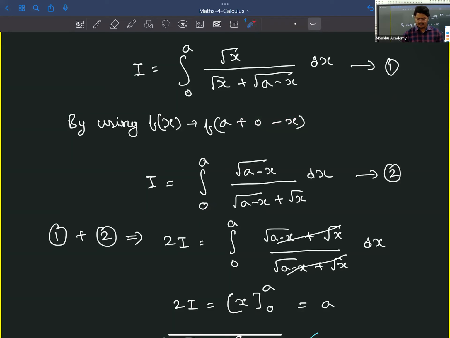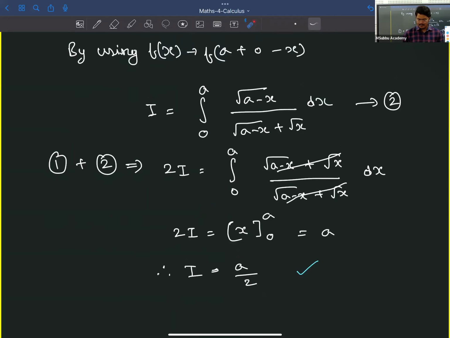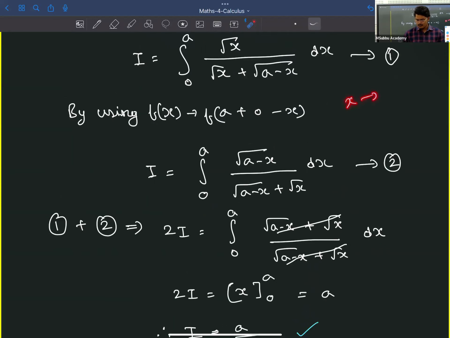Here the upper limit is a and the lower limit is 0, so x is replaced by a plus 0 minus x, which is nothing but a minus x.